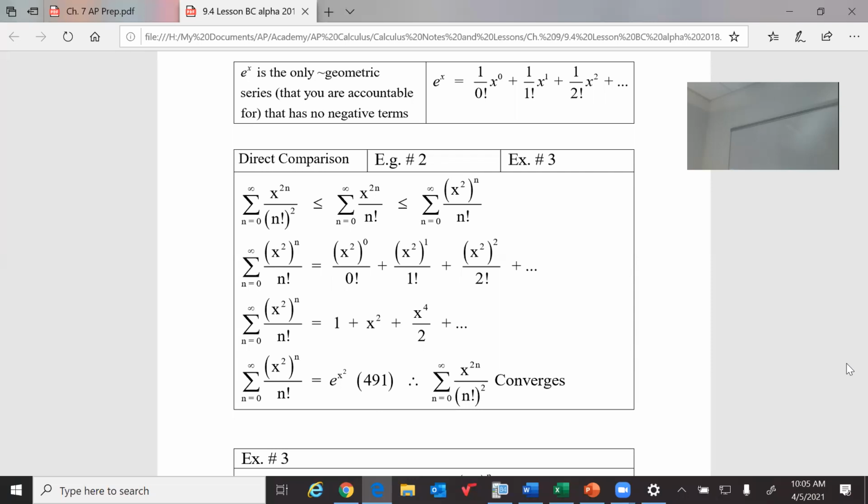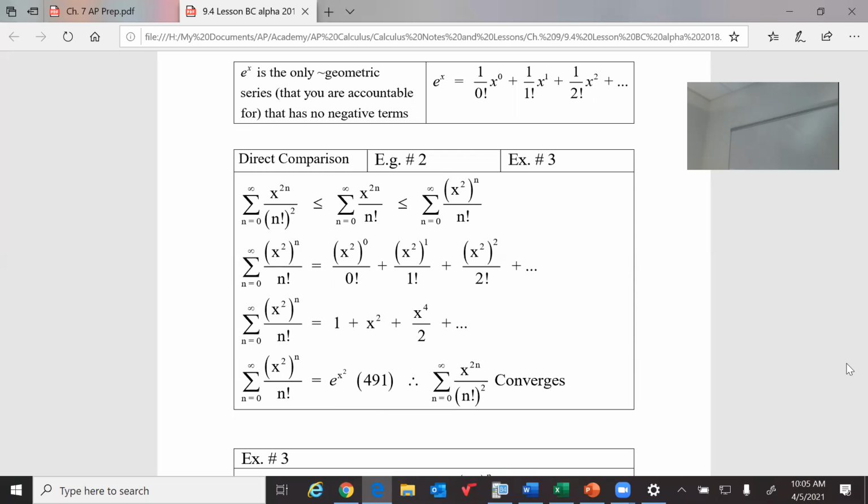We can't use sine and cosine for the comparison test because they include negative terms. So the only thing you could possibly use for direct comparison that you are accountable for is e to the x. That's why it's important that you know the expansion of e to the x.